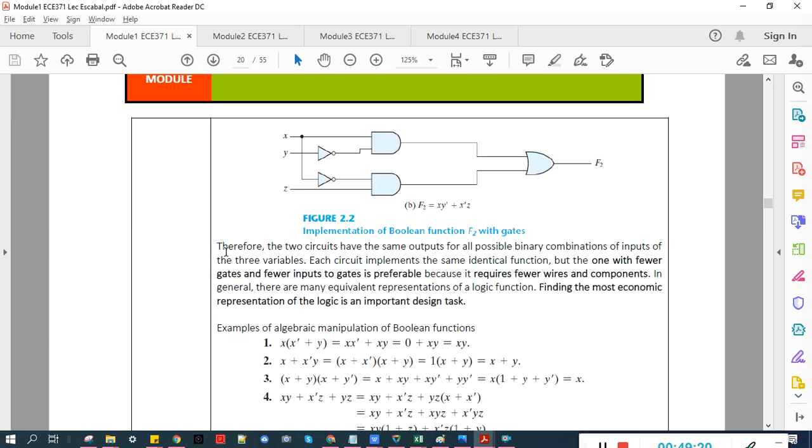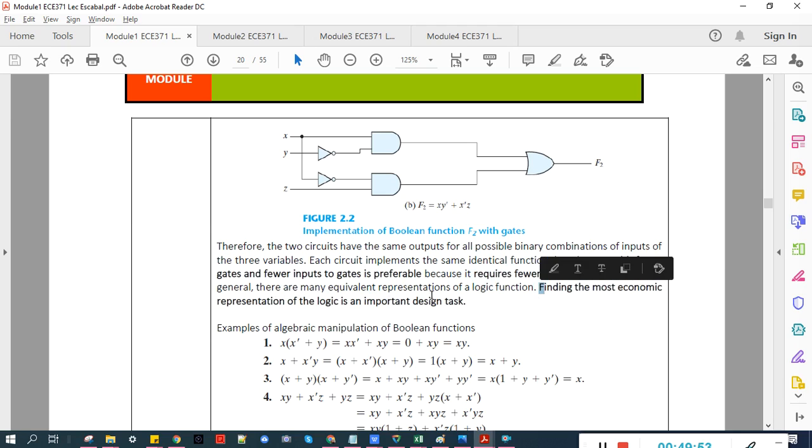As stated here, therefore the two circuits have the same outputs for all possible binary combinations of inputs of the 3 variables. Same output, but each circuit implements the same analytical function, but the one with fewer gates and fewer inputs to gates is preferable because it requires fewer wires and components, and in general there are many equivalent representations of a logic function.